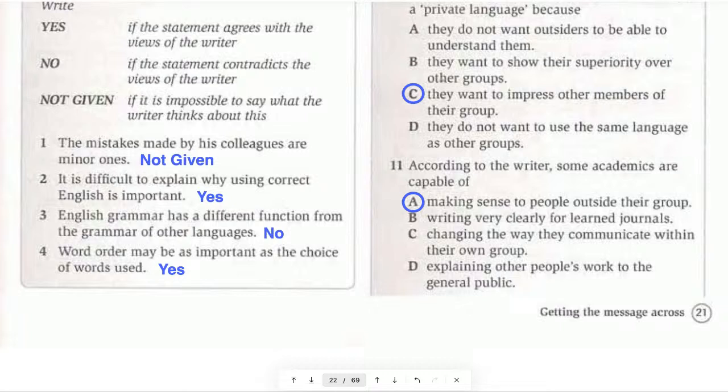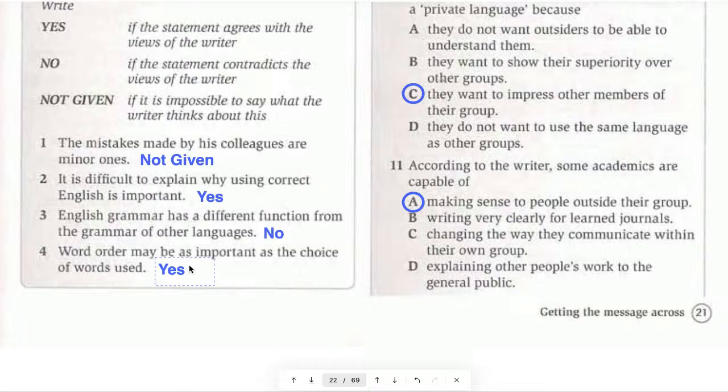All right, now number 4, Thiên Nga. Word order may be as important as the choice of words used. And the answer is yes, right?